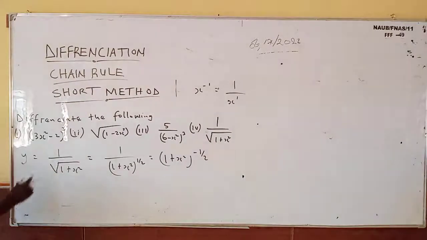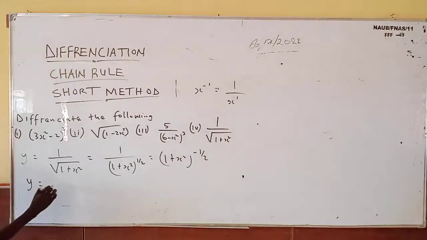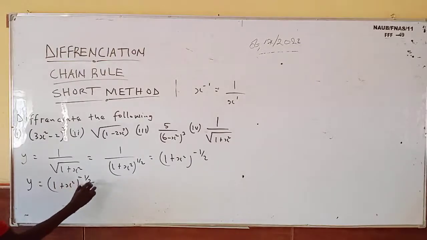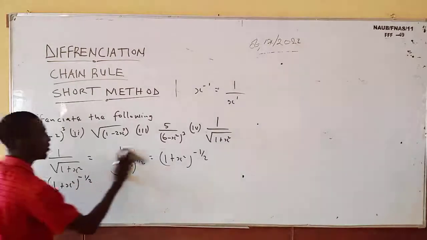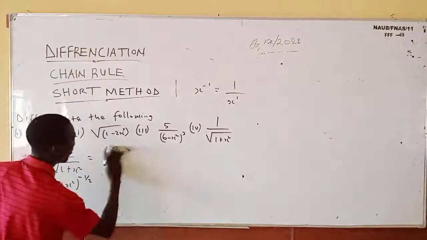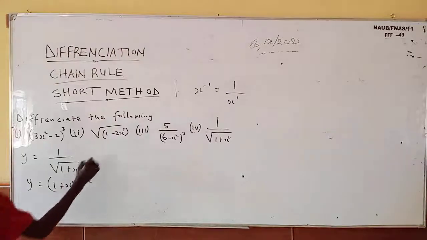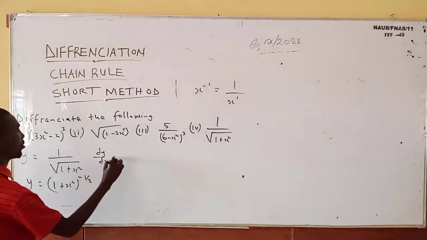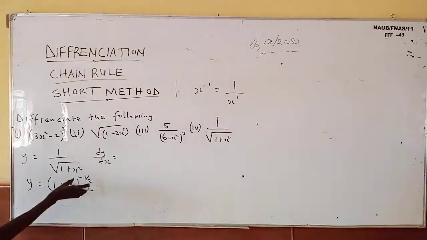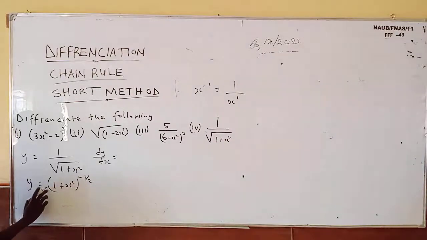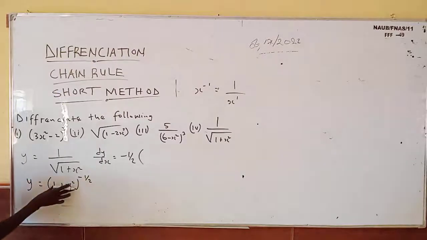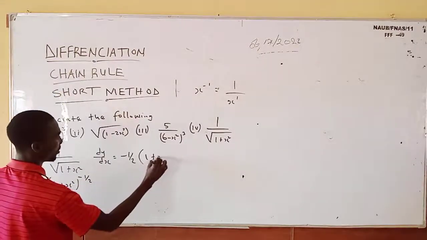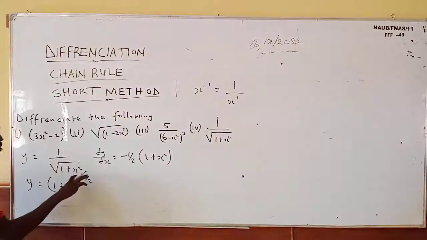So this question we can write as 1 plus s squared all to the power of minus 1 over 2. So now this is what we are going to differentiate. So let's differentiate this using the short method. Okay, so now dy over ds is equal to, the first thing is we differentiate the power, minus 1 over 2 times 1, which is minus 1 over 2, into, we write everything that is inside, which is 1 plus s squared, into, subtract 1 from the power.